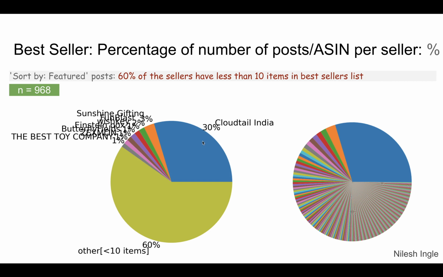Vast majority, 30%, is by just one seller, and then these are 1% to 2% by these additional sellers. So a big chunk of items that are listed as best seller items in each of those 10 toy categories are by the seller Cloudtail India.